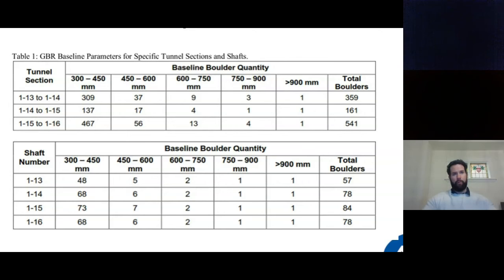Based on the histogram, it was predicted that boulder, if you want to look at these as buckets, so the boulder bucket between 300 and 450 mil, we would expect to encounter 309 of these boulders, which as a boulder volume ratio will be quite small, but as a frequency will be quite frequent. And you can see the same for 450 to 600 and so on and so forth, 37, 9, 3. And we expected to find boulders greater than 900, just one on this entire length.